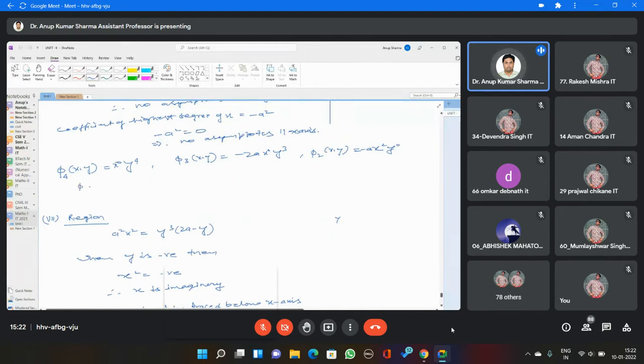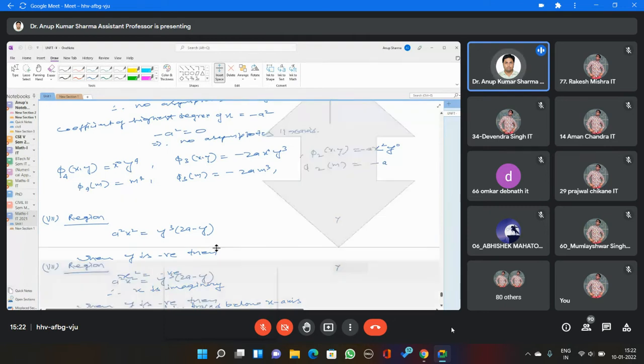Okay, now we write the auxiliary expressions. In the auxiliary expression, we take x is equal to 1 and y is equal to m. So phi 4 m is equal to m to the power 4, phi 3 m is equal to minus 2am cube, and phi 2 m is equal to minus a. There is no m because y to the power 0 and x is equal to 1, that means minus a.